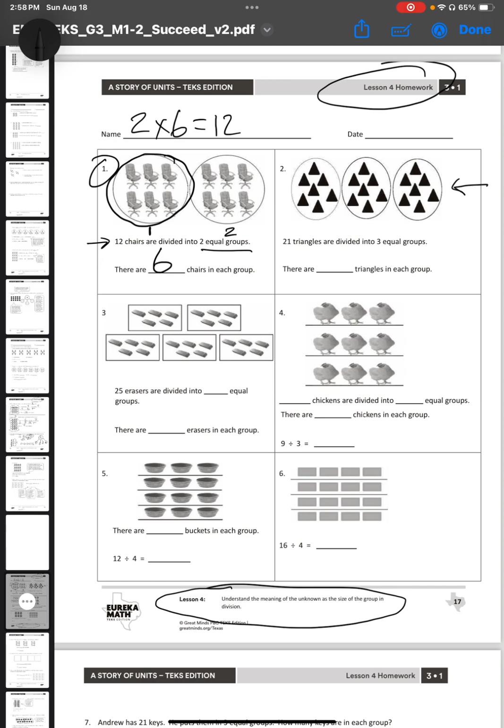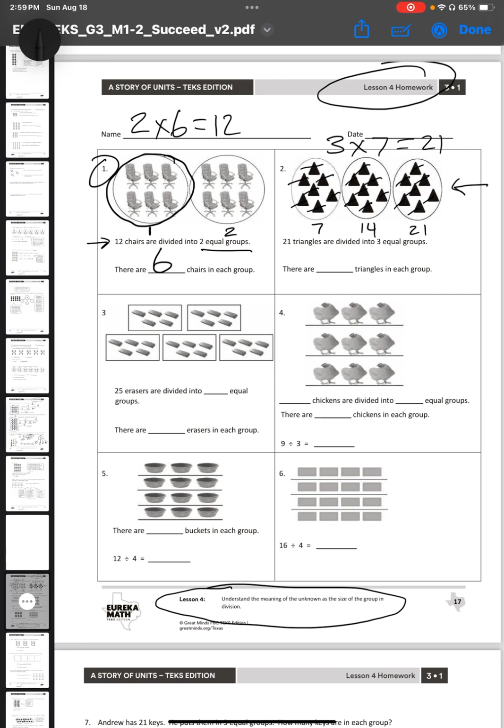Here I have 3 groups of, let's count the objects in it, 1, 2, 3, 4, 5, 6, 7. 3 groups of 7 triangles, and it's going to equal a total. We could go through and skip count by 7s. If we haven't learned that yet, you could just go through and count every triangle until you realize there is a total of 21 triangles. That's our product for this multiplication sentence.